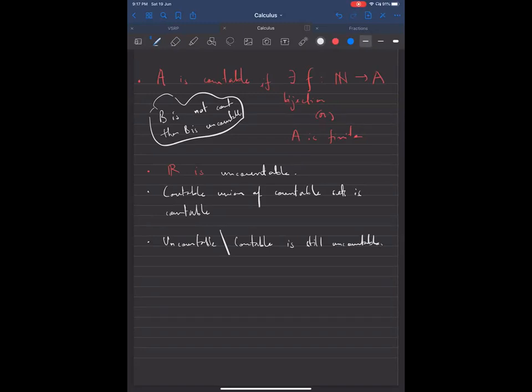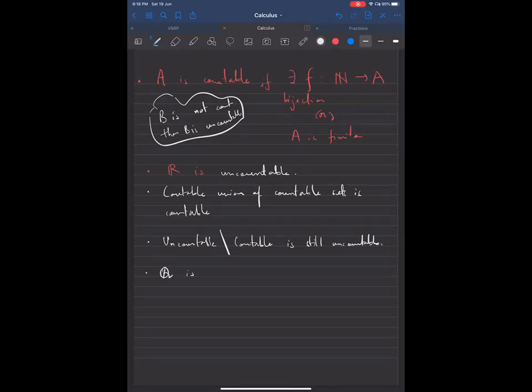I'm writing them in a less rigorous way, just to give the idea. That is, even if you remove countably many elements from an uncountable set, it remains uncountable. For example, the reals are uncountable and the naturals are countable. So if you remove all the natural numbers from the real numbers, then the set which remains is again uncountable.